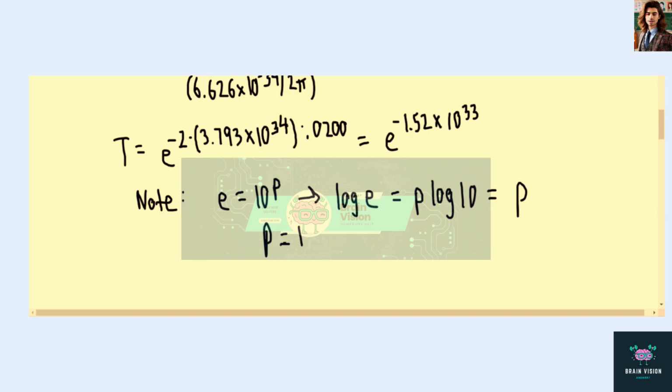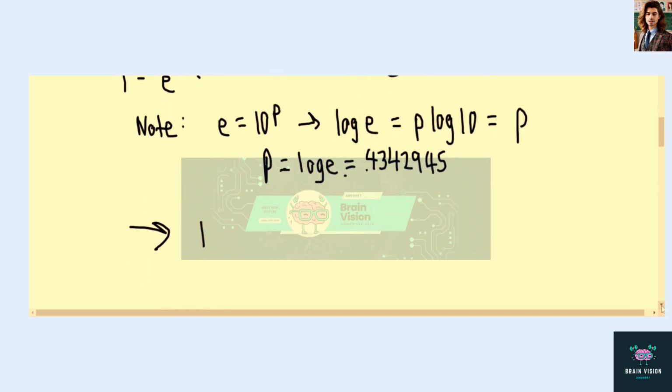So p ends up having the value log of e, which equals 0.4342945. And when you substitute in that value for p in the expression e equals 10 to the p, you can put that in for what we have obtained for the transmission coefficient.